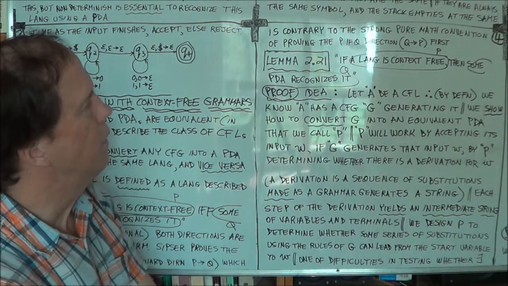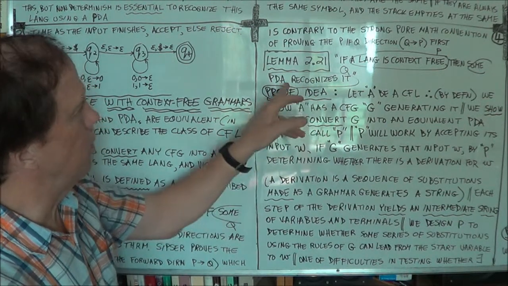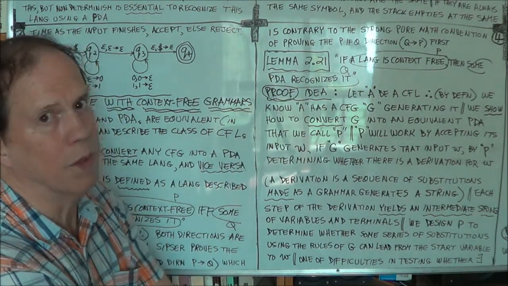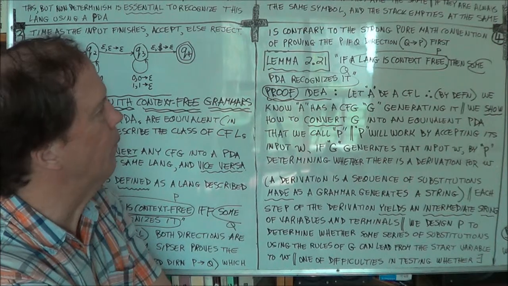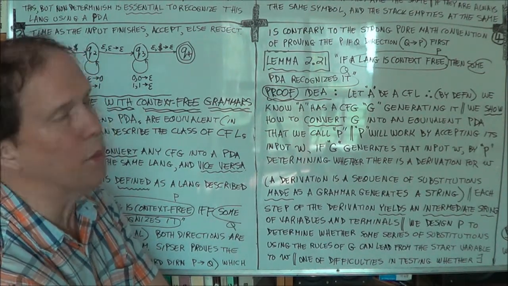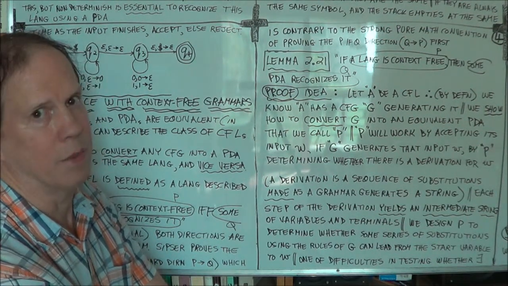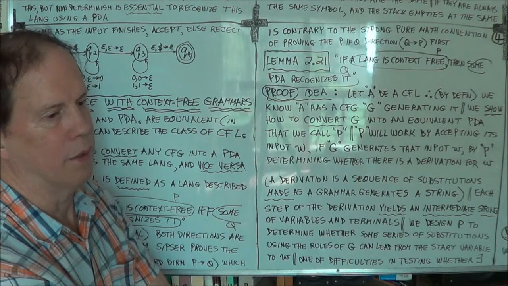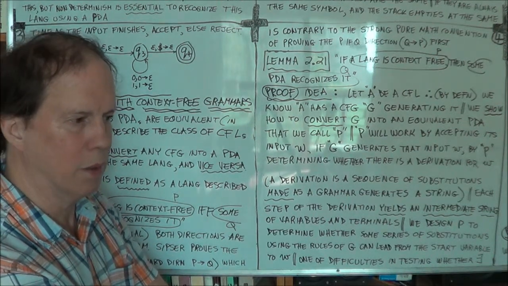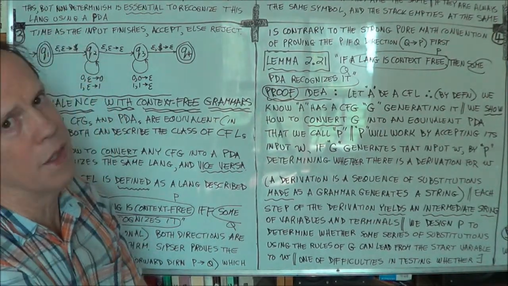Because if the PDA behaves just like, is equivalent to this grammar, then the two of them, the grammar and this PDA, will recognize the same language. They will accept the same strings in the language. So that's the strategy.